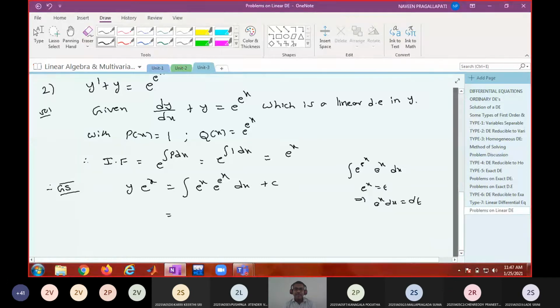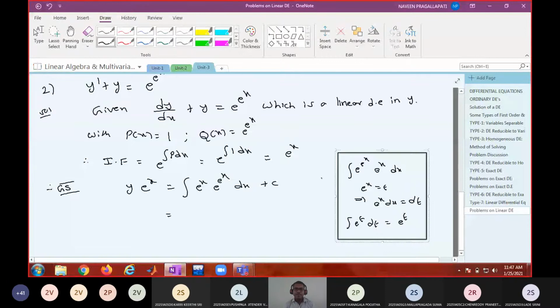So what is remaining is e power t, and t is nothing but e power x. So that is simply e power x. Therefore y into e power x is equal to e power x plus c is a general solution.